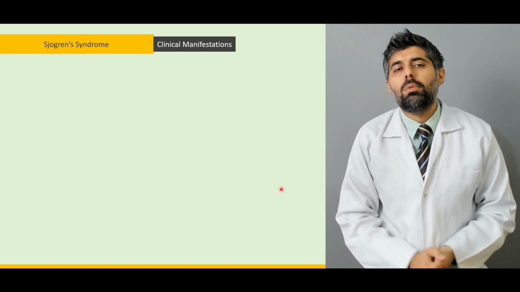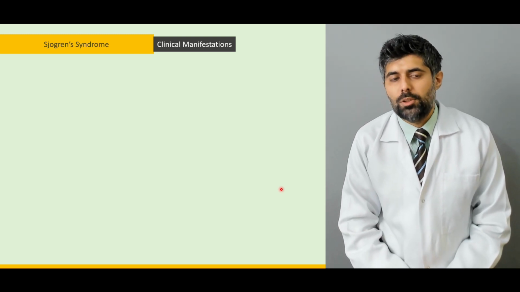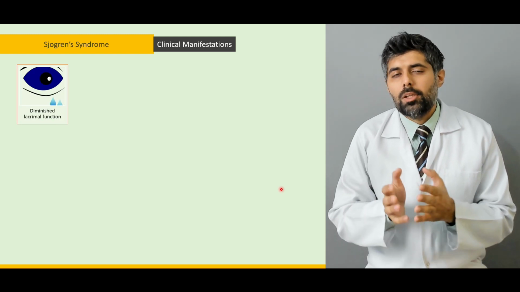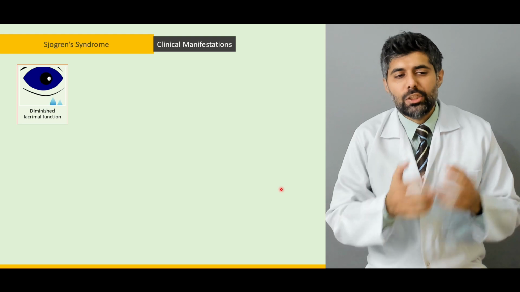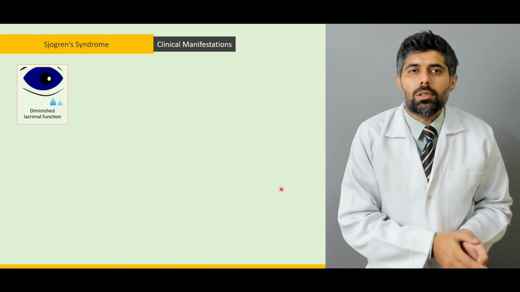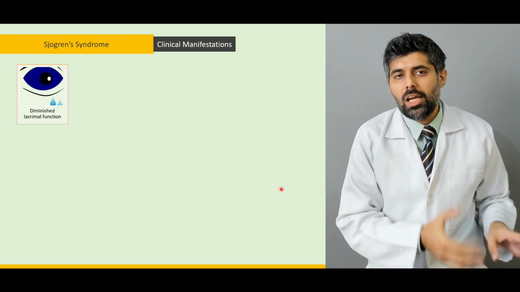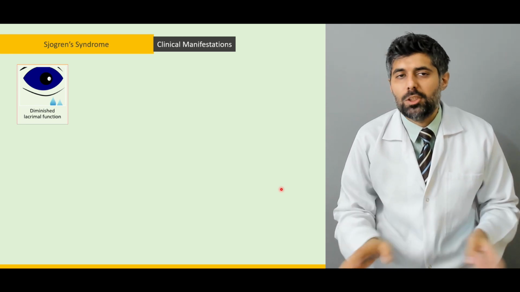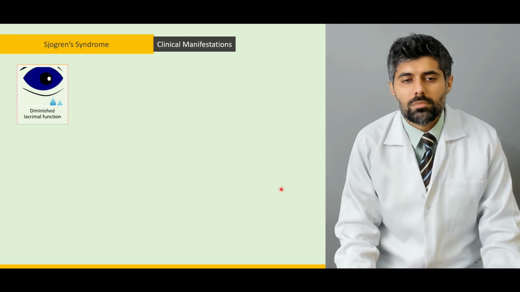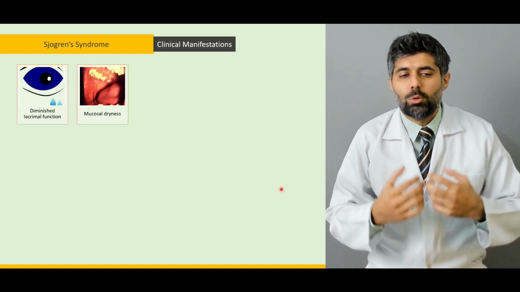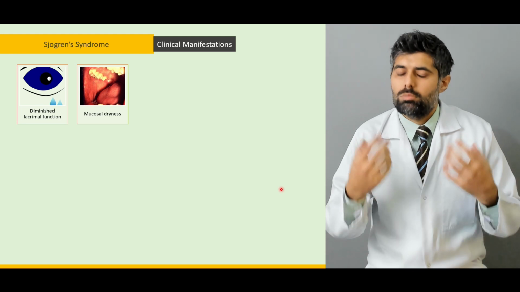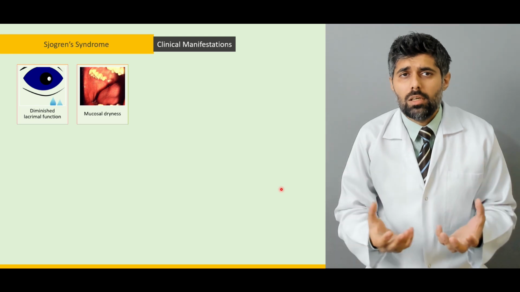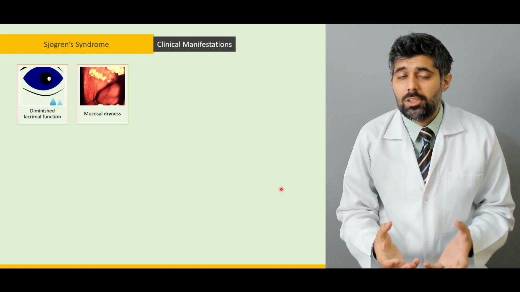Next, we're going to talk about the clinical manifestations of Sjogren syndrome. The primary and the most important one is the diminished lacrimal function, that is, the ability of the lacrimal gland to produce tears is totally decreased. Then we have mucosal dryness, because all of the small mucosal glands inside the oral cavity are destroyed.